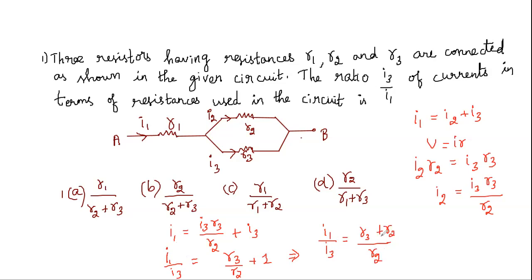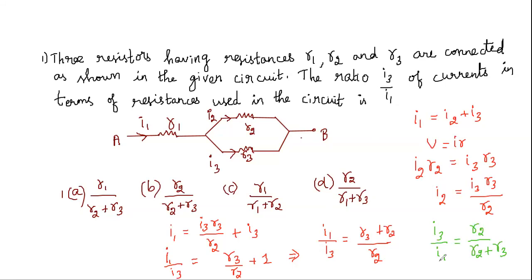In the question they have asked you to find out the ratio I3 by I1. In that case, you have to take the reciprocal of this. Here you have I1 by I3. You can take the reciprocal, and that will be I3 by I1 is equal to R2 divided by R2 plus R3.